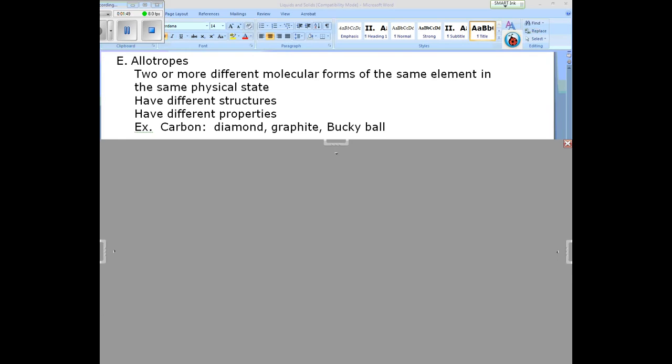And the sheets are just stacked on top of one another, only held together by intermolecular forces. That works out well when you're using a pencil because it leaves part of that graphite on the paper, although they are easy to break. I always break the pencil, especially those mechanical pencils. Again, carbon, only carbon, but because they are bonded differently, they have very different properties.